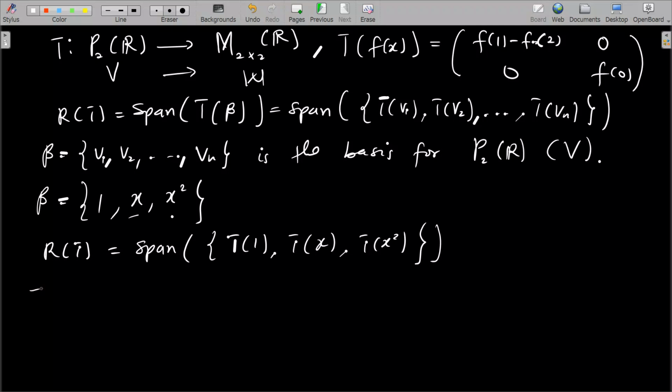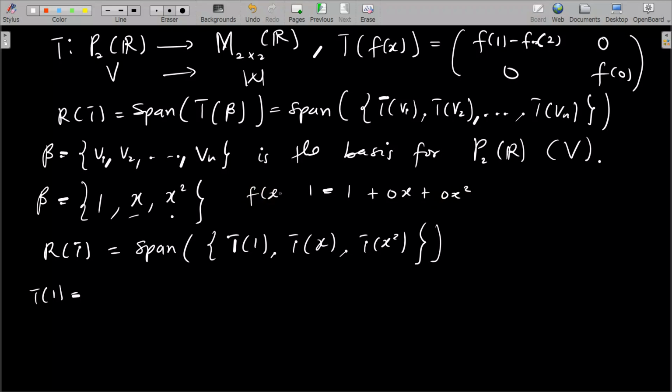Now, what is T of 1? What is 1? 1 is a polynomial, and in terms of a polynomial of degree 2, 1 is equal to 1 plus 0x plus 0x squared, right? This is a polynomial of degree 2, and so 1 is the f of x.